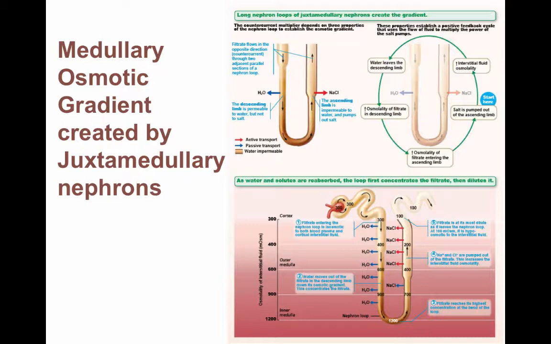And once you get into that bottom loop, nothing can really leave or come in until you get back up, closer to the distal convoluted tubule. Because the osmolarity is so high towards the end, that makes it easier for salt to leave and be reabsorbed. So that's how this essentially works.